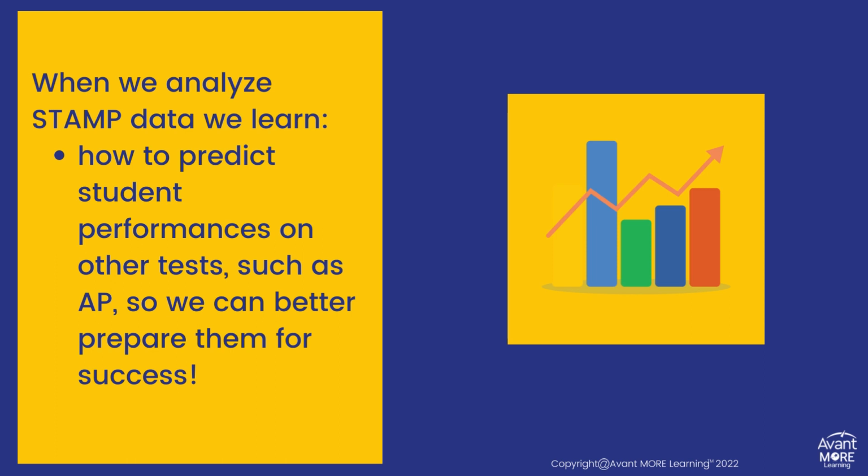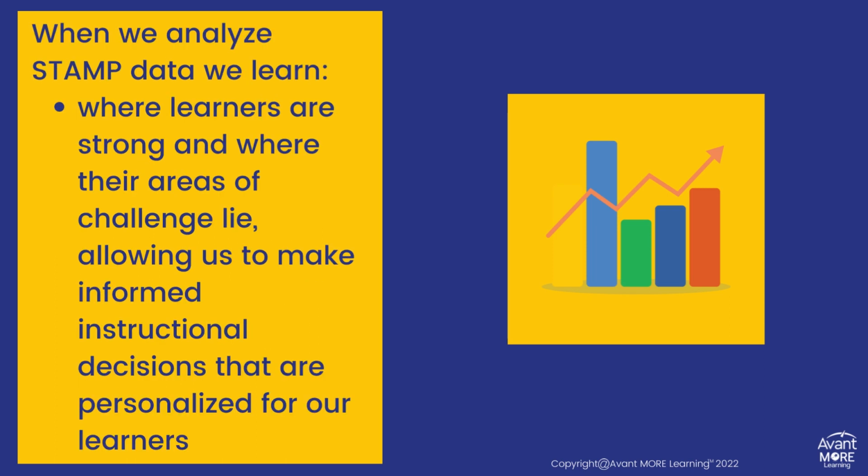These are ways that we can better prepare them because we can see where they actually are on that journey to where we want them to go. We're able to learn where students are strong and where they have areas of challenge. And it helps us then be able to make more informed decisions so that we can personalize that learning experience for our students.